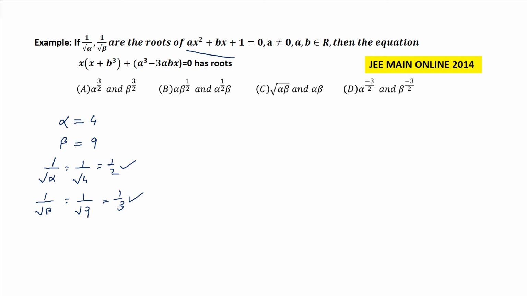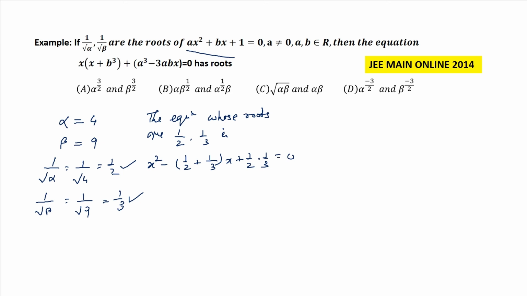Now the equation whose roots are 1 by 2, 1 by 3 is x square minus (1 by 2 plus 1 by 3) into x plus 1 by 2 into 1 by 3 equal to 0.